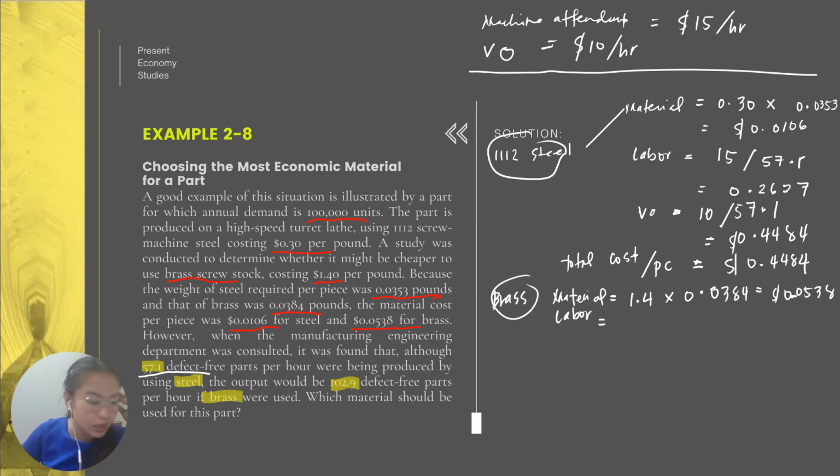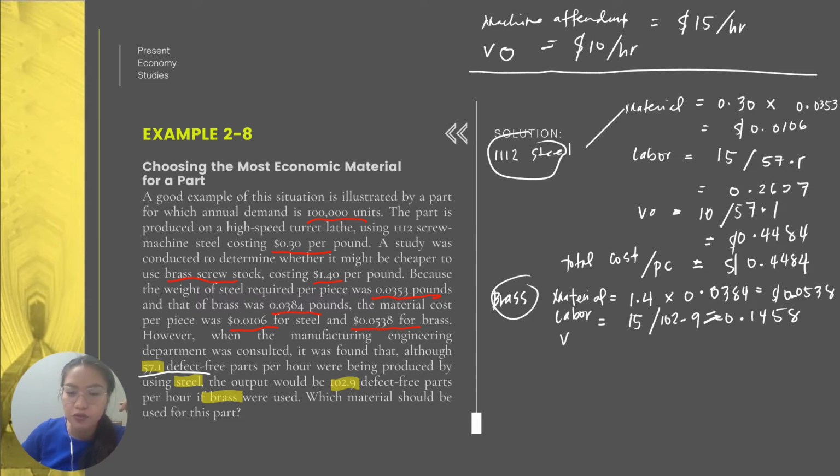How much labor does it need? This is the same rate for all. So you have 15 over the defect-free parts, which is 102.9. So you have 0.1458. Sorry, this is equal.